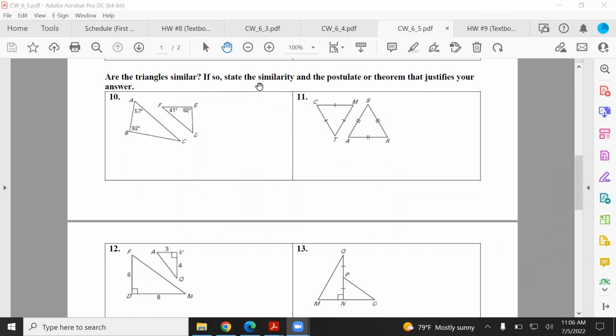11, I'd say yes. And you can say triangle MTC and SRA, but it doesn't really matter what order you do.